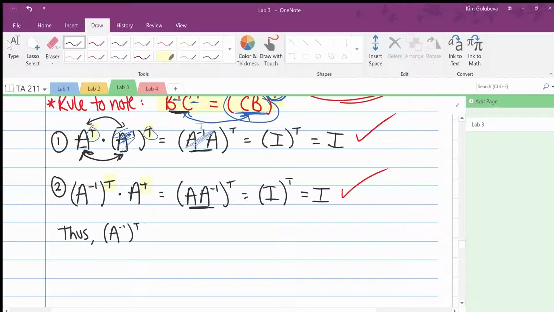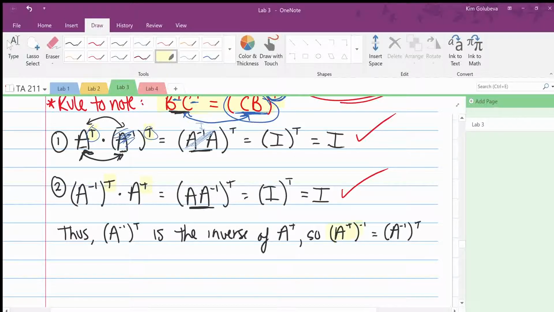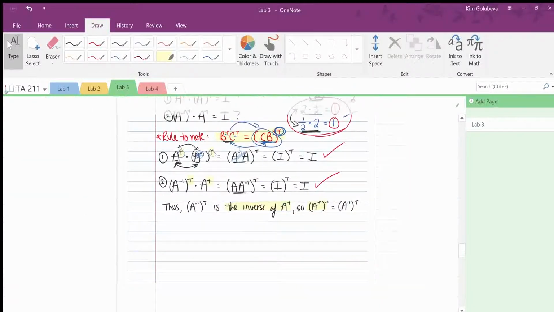So this thing that we were supposed to prove is the inverse of A transpose. So A transpose inverse equals A inverse transpose. This right here just means the inverse of A transpose. Okay, so that's our solution here.